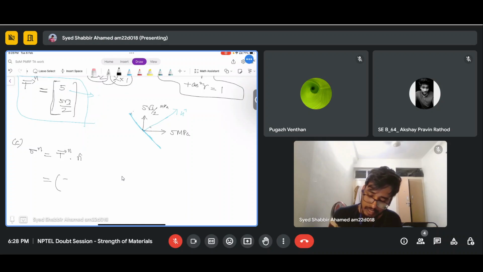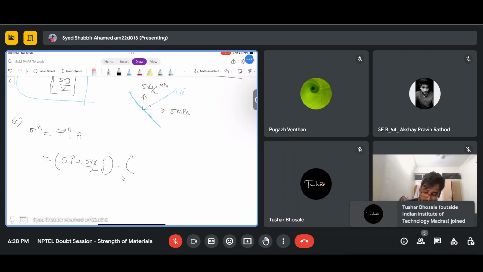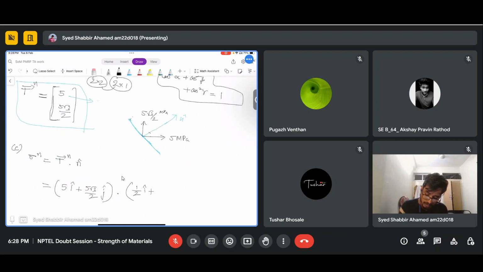So this stress vector can be written as phi i cap plus phi root 3 by 2 j cap, and I know this normal, again we have calculated, 1 by 2 i cap plus root 3 by 2 j cap.